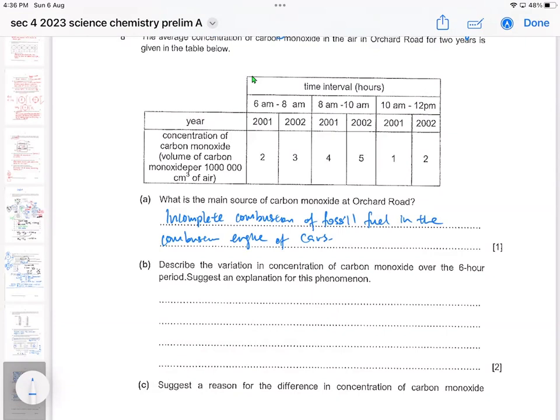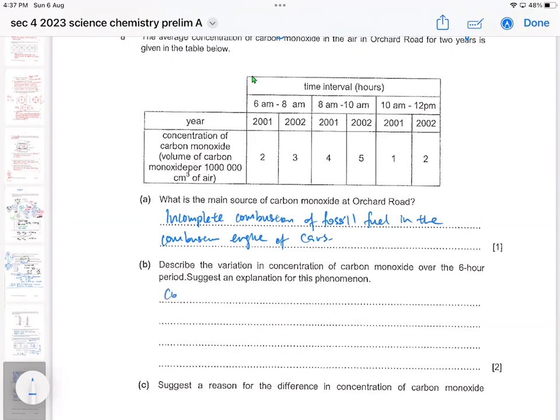Okay, part B. So the concentration is a bit different. Notice from 8 to 10, the timing has the highest concentration. So from 8 to 10, what's actually happening? Most likely 8 to 10 is due to the peak hours where people use the vehicles, especially using cars for their mode of transportation.